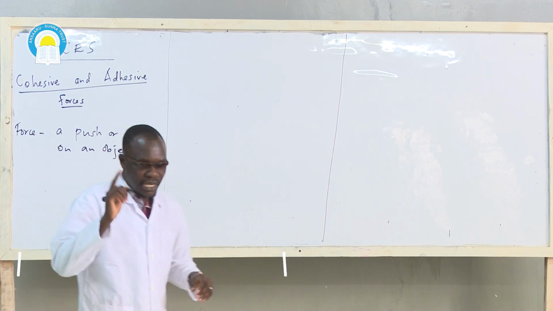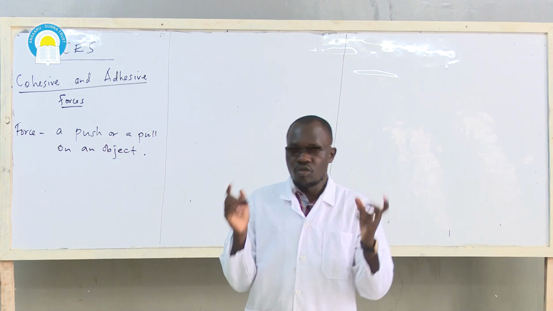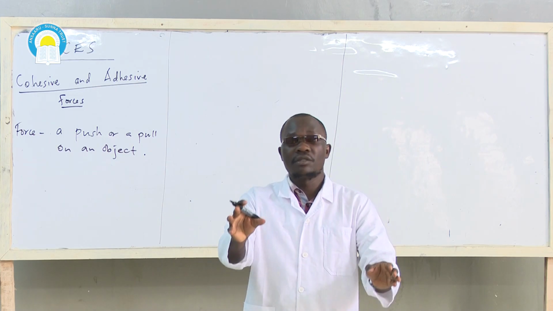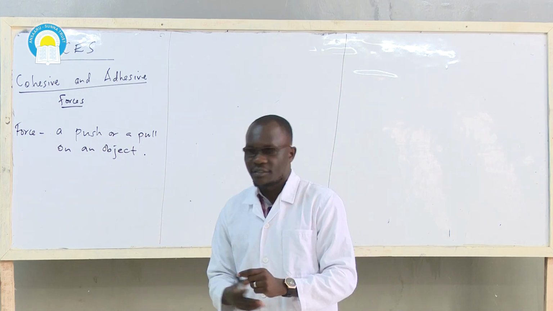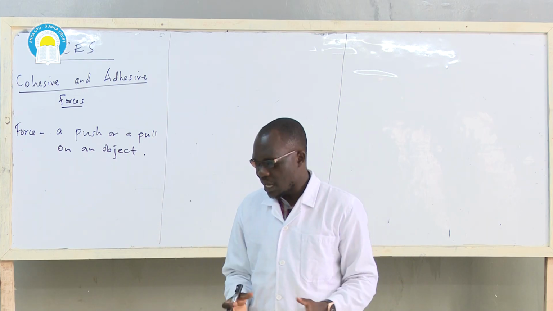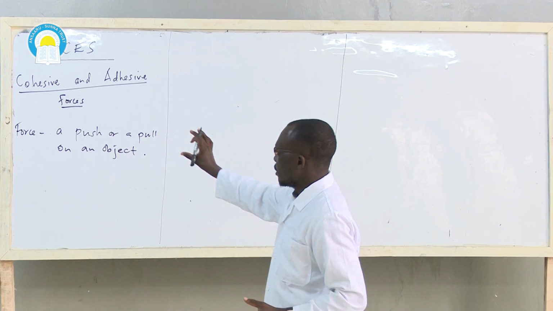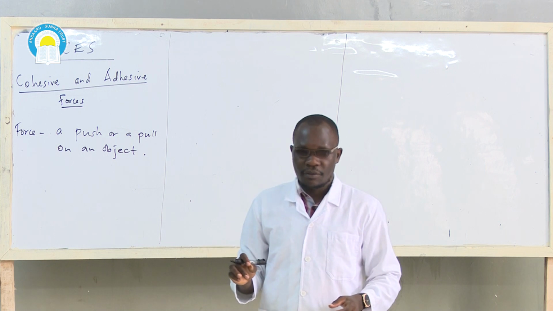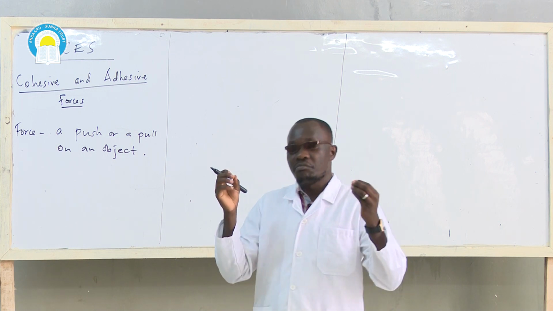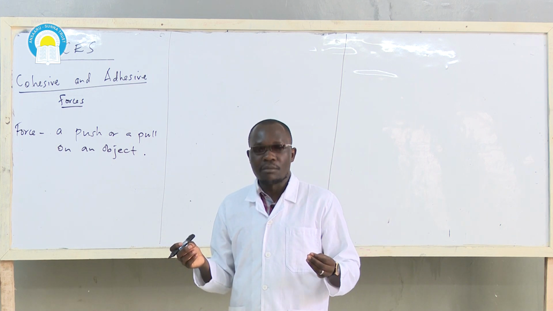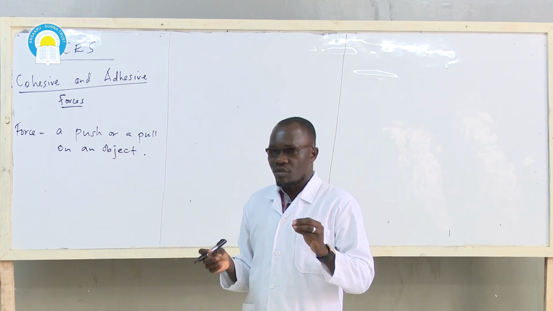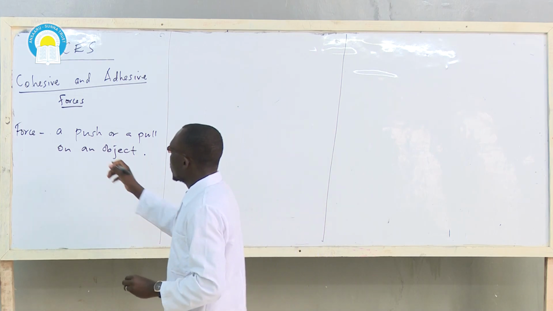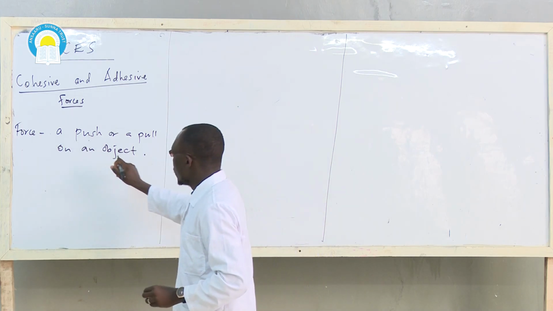I may insist on something here. We have those who have some pronunciation problems, and they translate their pronunciation problems also in writing. Many times I've come across a student defining this force as a bush or a bull. I know that is a mistake in terms of pronunciation, in terms of accent, but try as much as possible to avoid this problem.